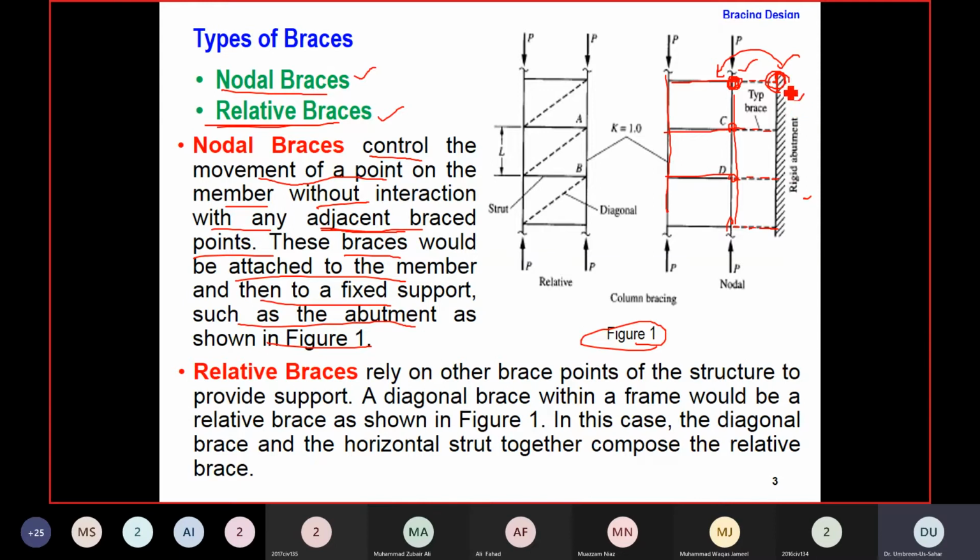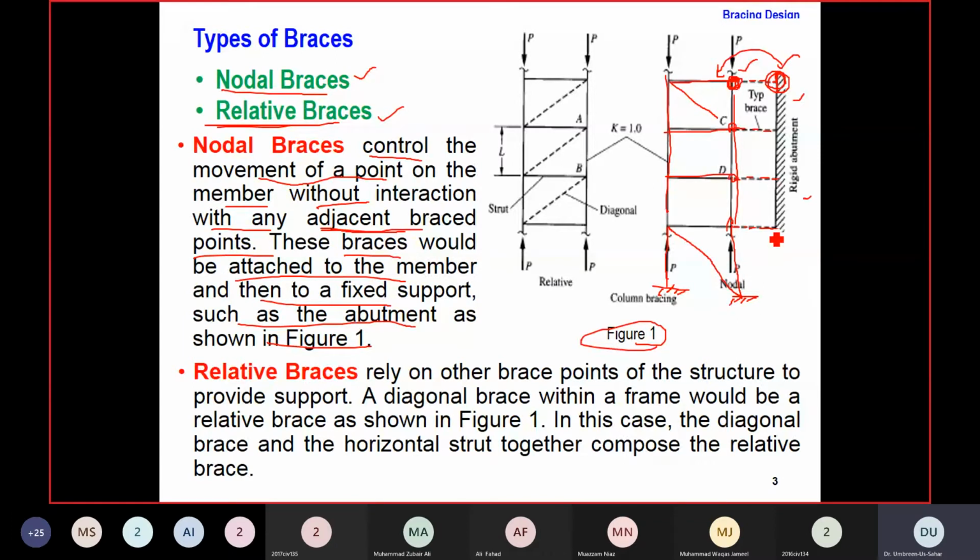Let's suppose the nodal brace is like this, that is your column. Let's continue from here. This is your first story. So here you have the fixed connection, rigid connections. This is the particular case, and you are providing a nodal brace like this, diagonally.